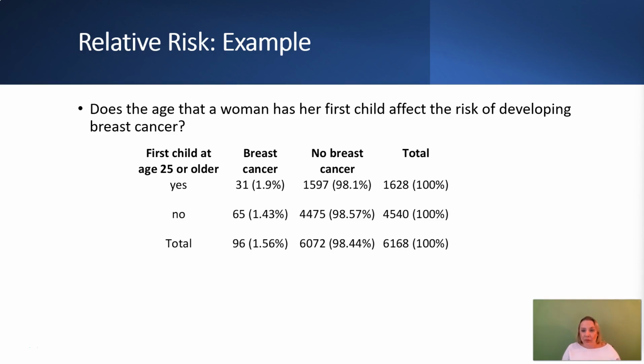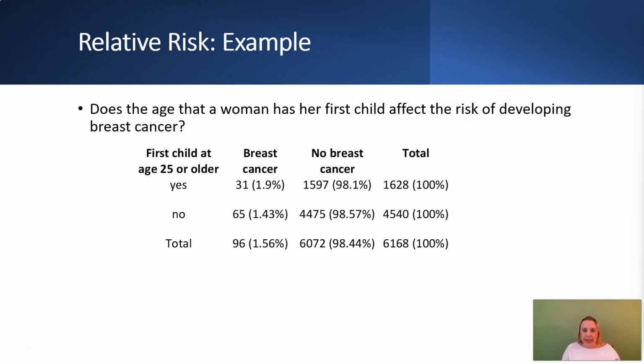The risk for a woman having her first child at 25 or older is 1.9%, and the way we calculated that was by taking the number of cases divided by our total. The risk for a woman having her first child before 25 is 1.43%.